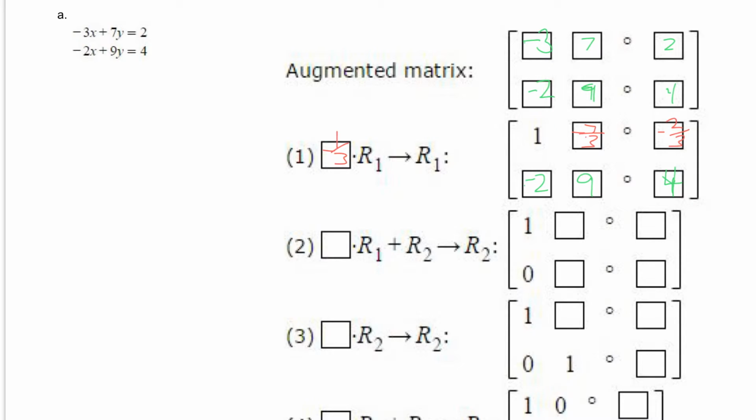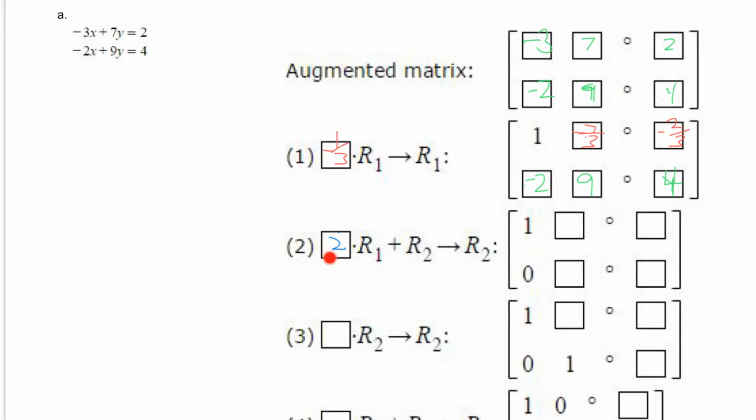So I want to multiply the top row by 2, and then add it to row 2. That's going to look like the following. I'm going to take 2 times 1 and add it to negative 2. So 2 times 1 is 2, plus negative 2 is 0, which is what I wanted right here.